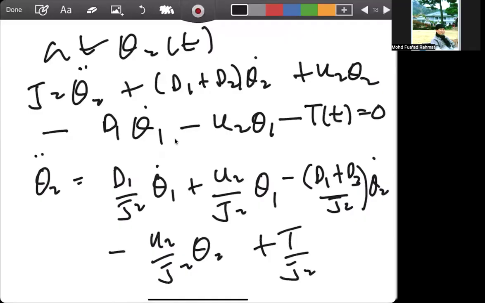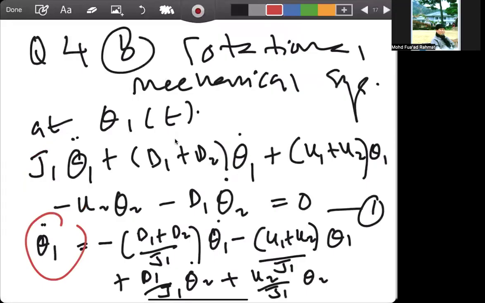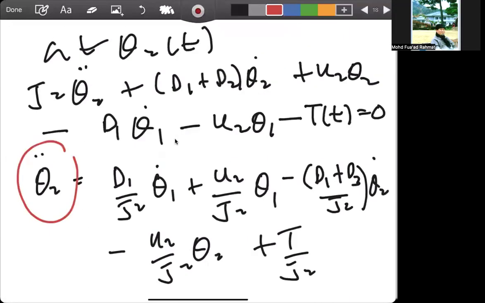So these equations will be crucial for the state space modeling.